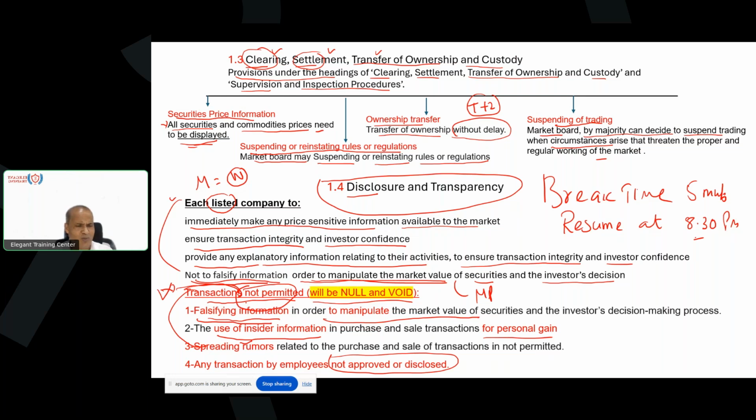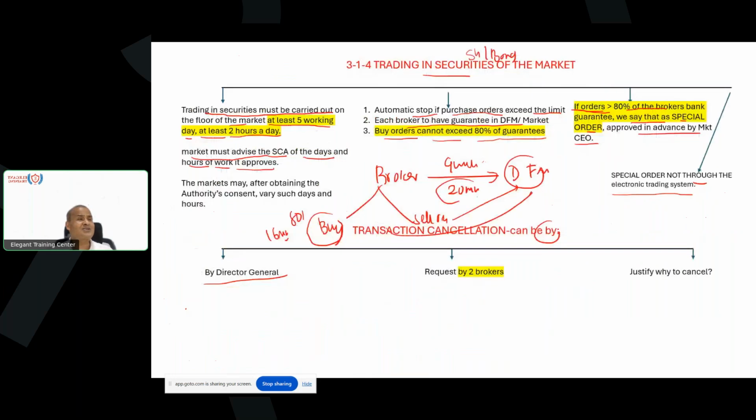1, 2, 3, 4. But who can cancel that? Cancellation can be by the market. The market can cancel your transaction. Clear? Number 2, by brokers. Brokers also can request, please cancel this transaction.